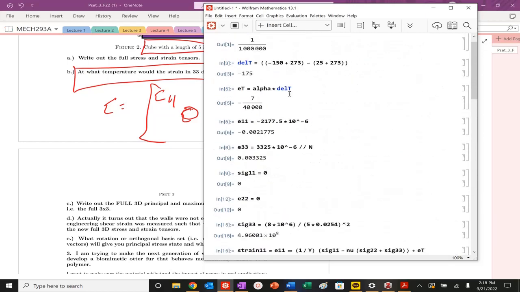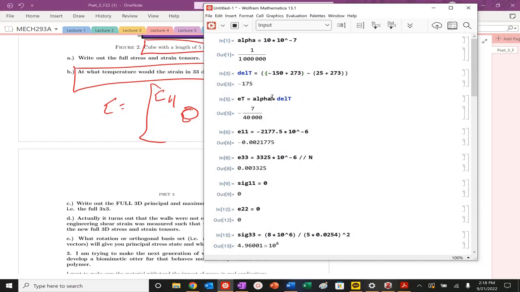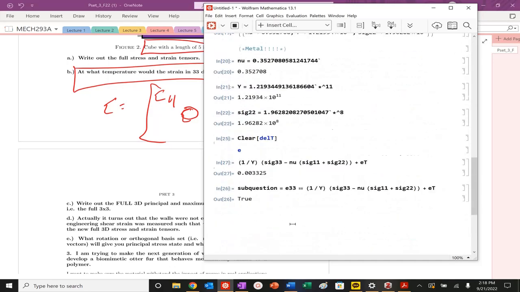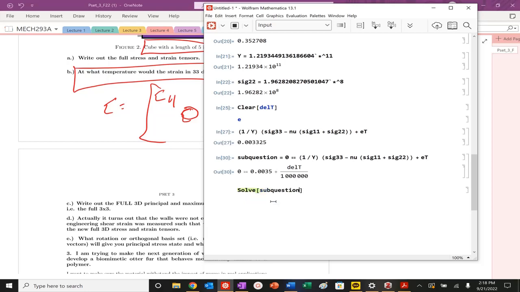Yep, let's reevaluate ET. All right. So now we could go back, get our strain equation. Now we can solve when we set it equal to 0. Solve what that del T is. So that del T expression must be minus 3,500. So that's quite cold.